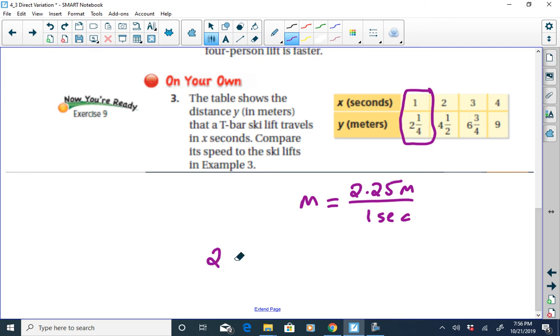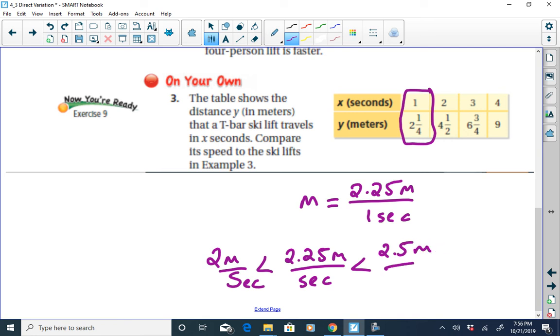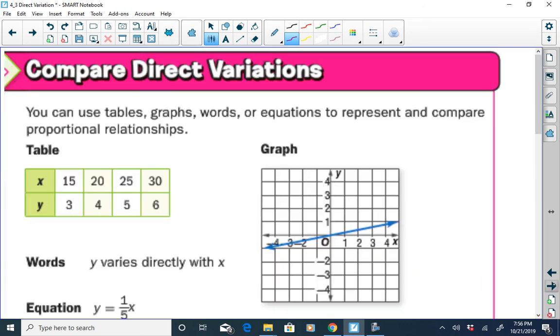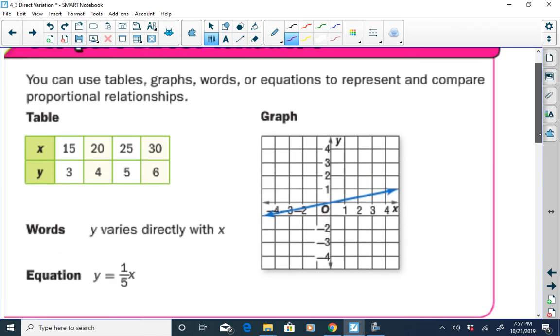It means that the 2 meter per second lift is slower than the 2.25 meter per second lift, and each of those is slower than the 2.5 meter per second lift. So from least to greatest, the 2 meter per second lift is the slowest. The 2.25 meter per second lift is a little faster, but not as fast as the 2.5 meter per second lift. All right, let's continue with some more problems.